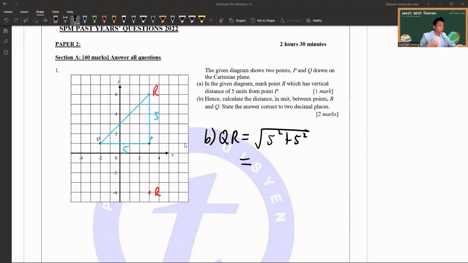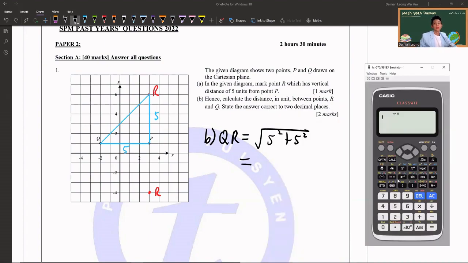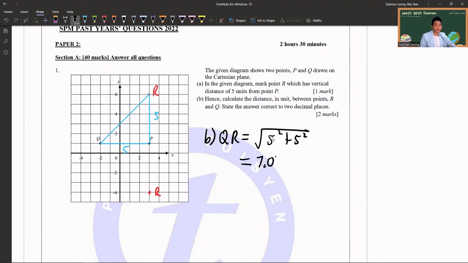So we calculate. Let's use the calculator. Square root of 5 squared plus 5 squared, or square root of 50, which will give us 7.07, corrected to 2 decimal places. So 7.07 units.